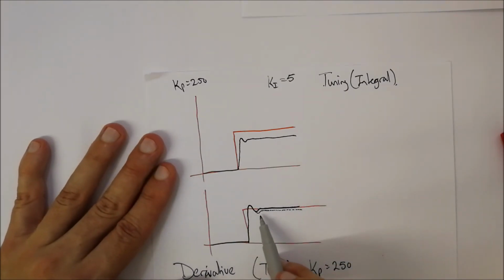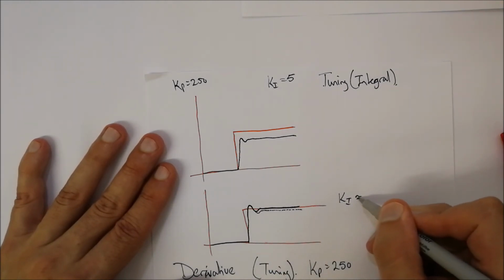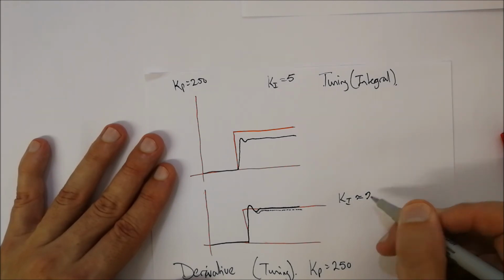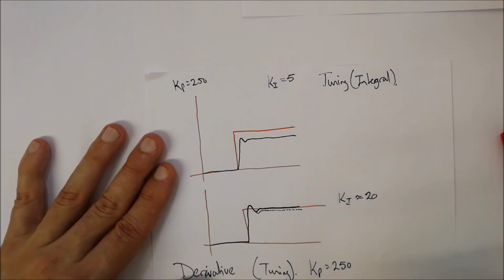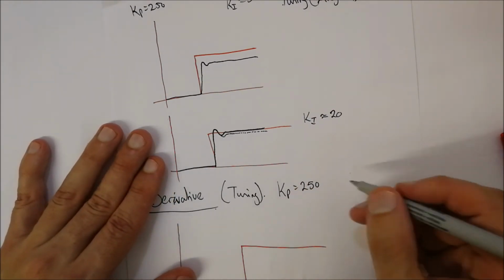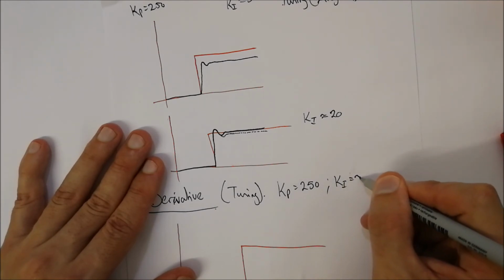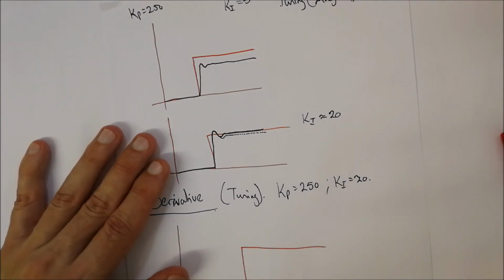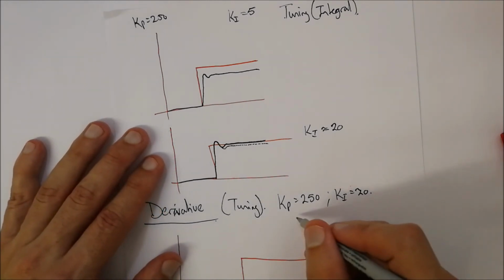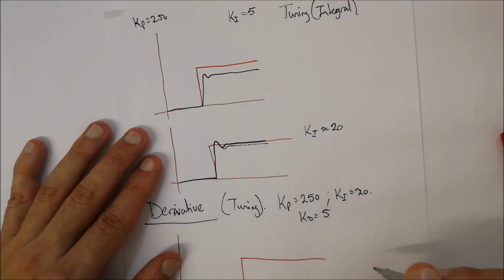When we did this integral tuning, you might have found that Ki was best at around 20 or so. So now we've got Kp equal to 250, Ki equal to 20. Now, to eliminate that error, we might say we're going to have a Kd value equal to 5.